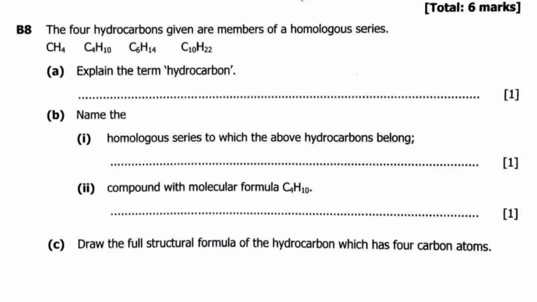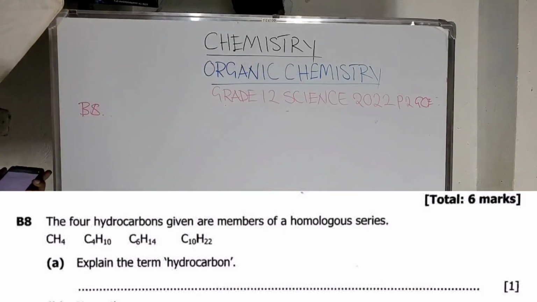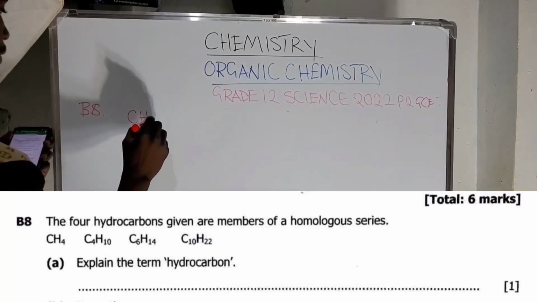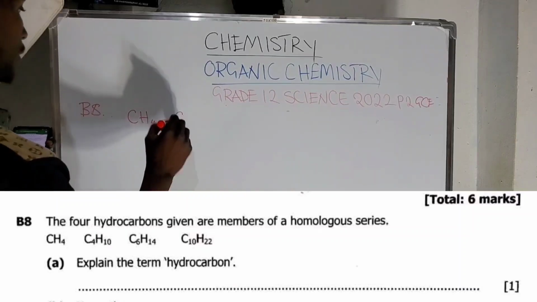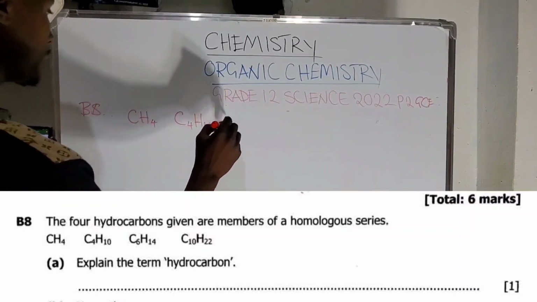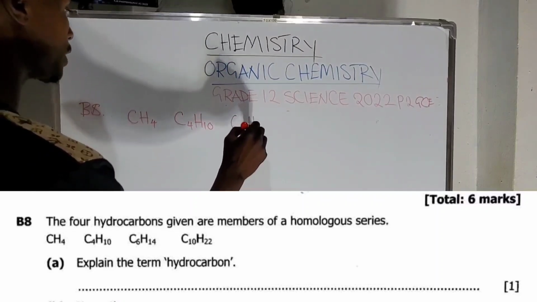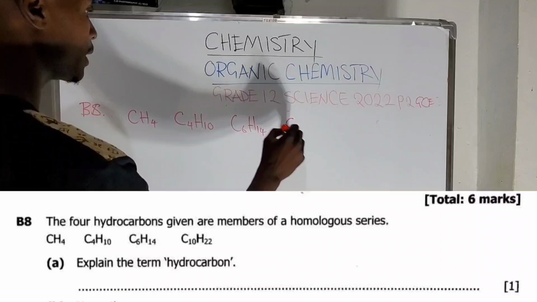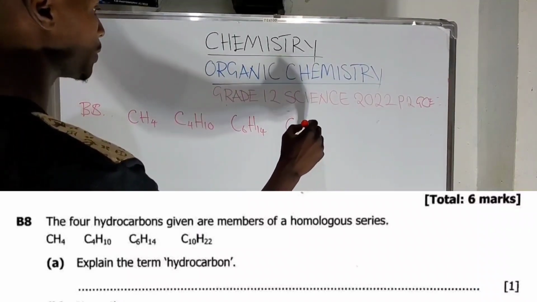Question B8 of the 2022 Science Paper 2 GCE under Organic Chemistry is saying, we've been given 4 hydrocarbons. The first one is CH4, C4H10, C6H14, C10H22.